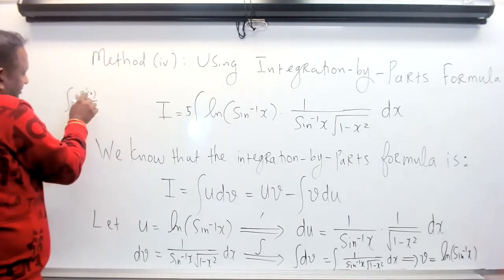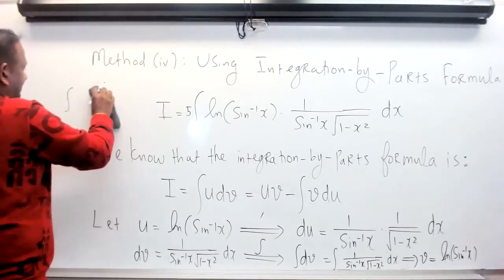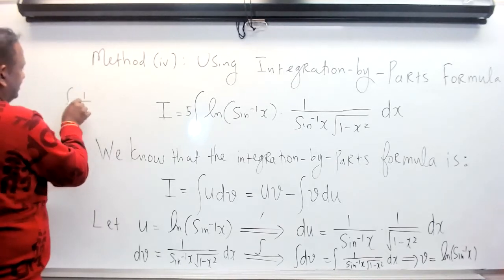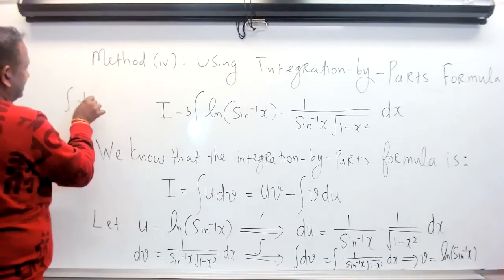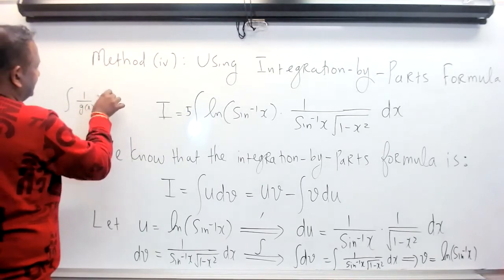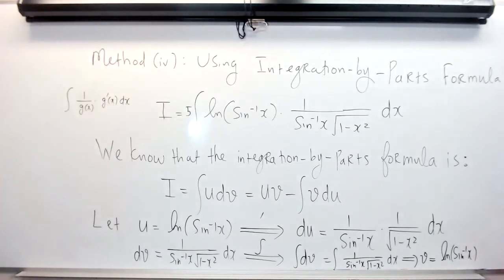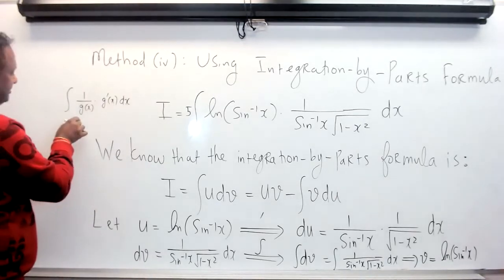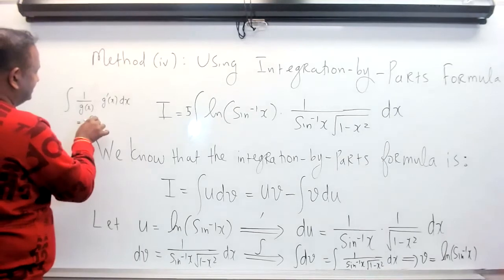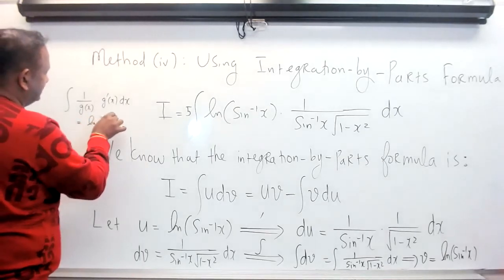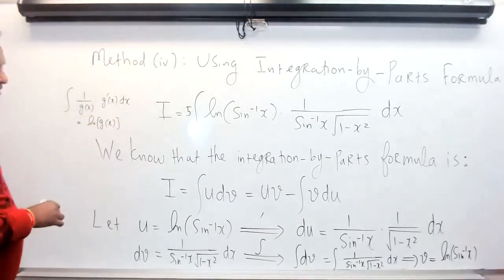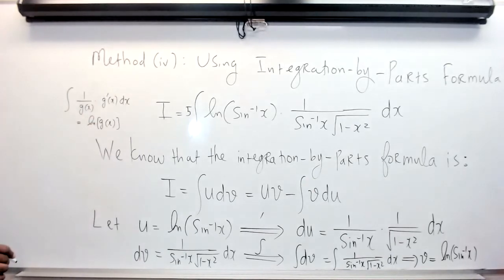Top means right next to that one. I'm going to write this as 1 over g(x) times g prime x dx. What would be the answer? ln g(x). Pretty much in a similar fashion.